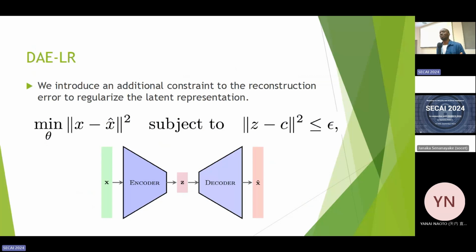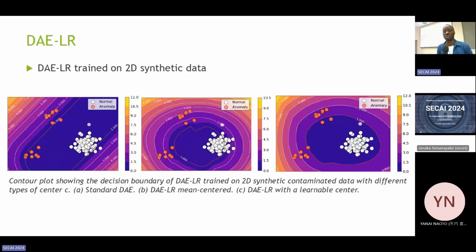So instead of just having the reconstruction error lead our learning process, we also added a constraint in the optimization, so that when we project the input data points into the latent space, we enforce them to be centered around some center in that latent space, and we try to minimize the difference between those projections and the center in that latent space.